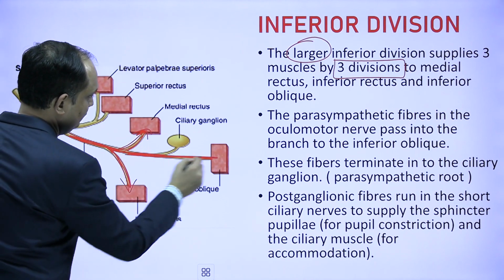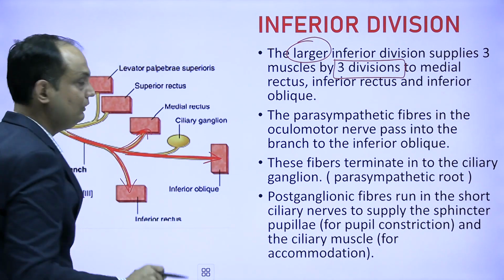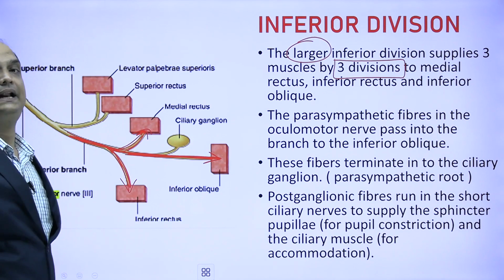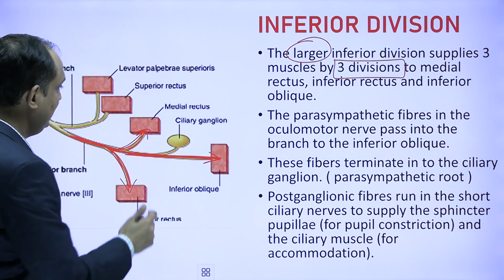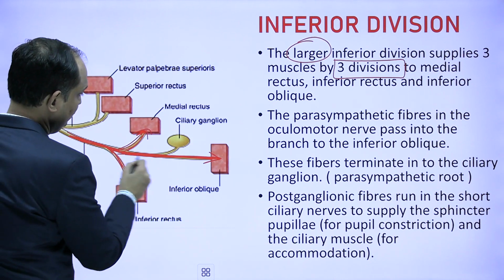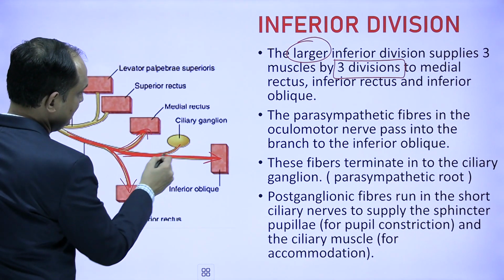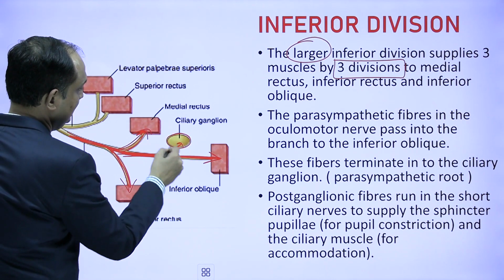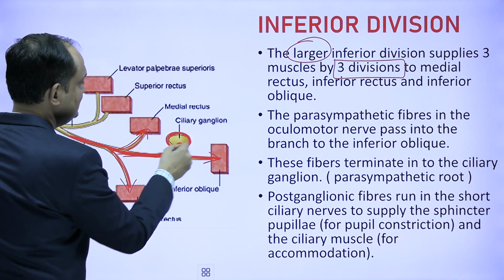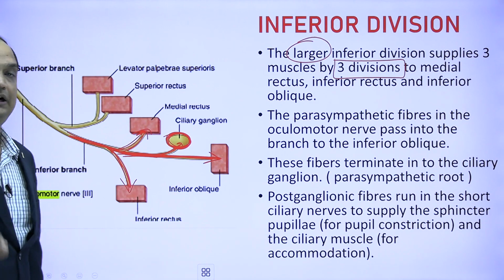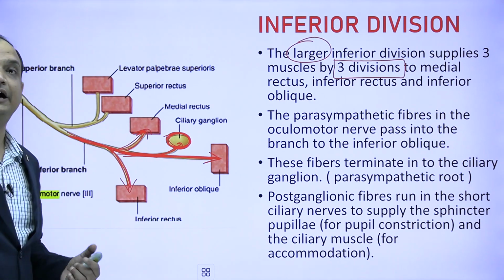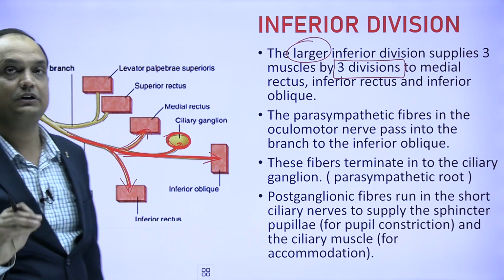This nerve to inferior oblique also carries the parasympathetic fibers of the oculomotor nerve, because here you can see it has a connection with the parasympathetic ganglion known as the ciliary ganglion. Clear?